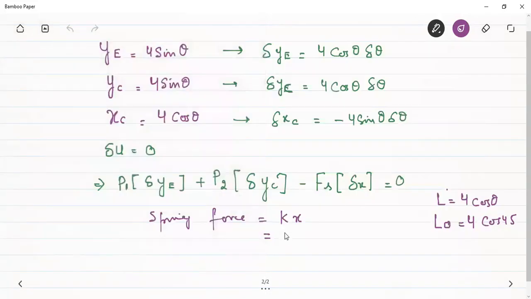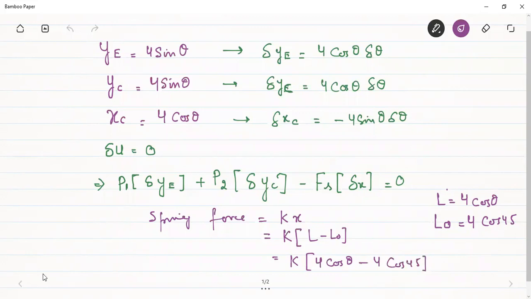So this displacement now will be equal to L minus L naught, which is 4 cos theta minus 4 cos 45.